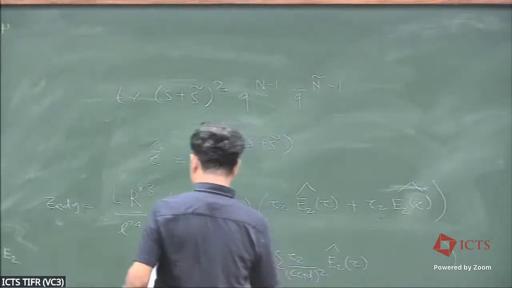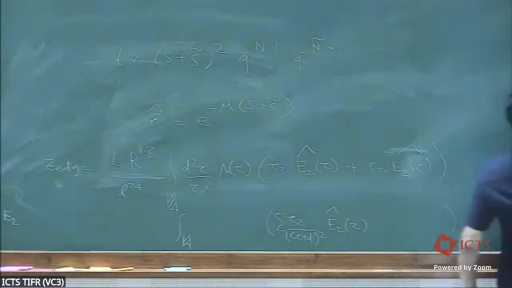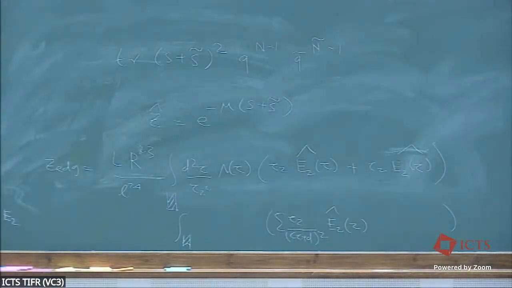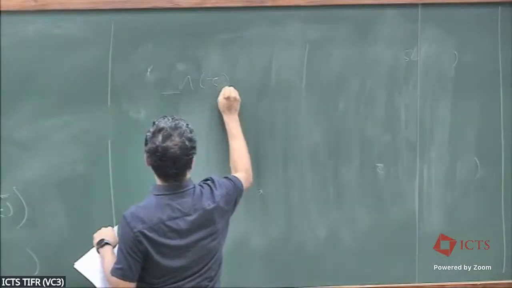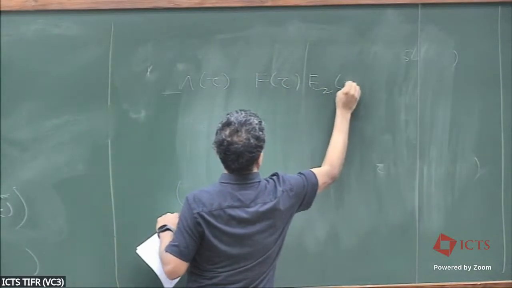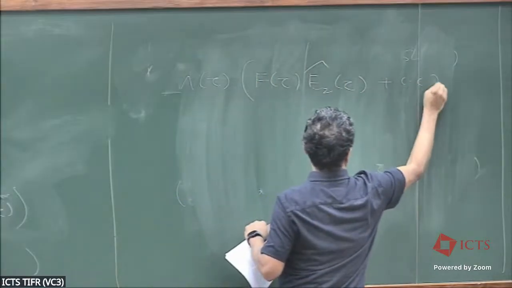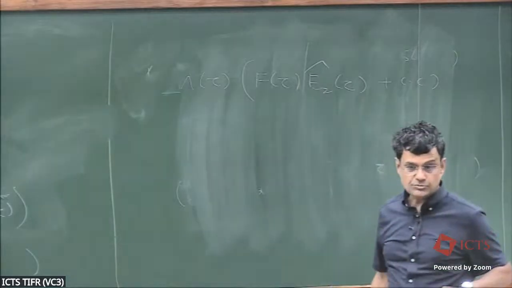On a modular transform, it looks like, and you can actually show, that you're getting an expression which is lambda tau times some function of tau times E2 hat tau plus complex conjugate. And this is almost modular invariant.